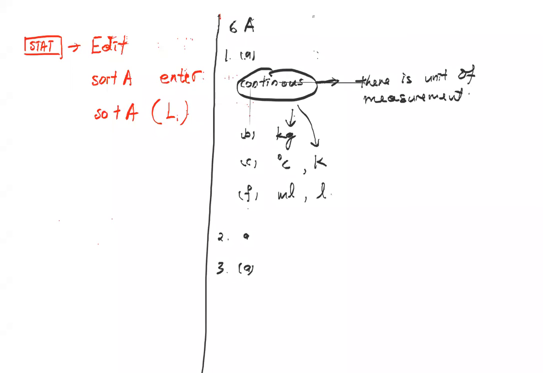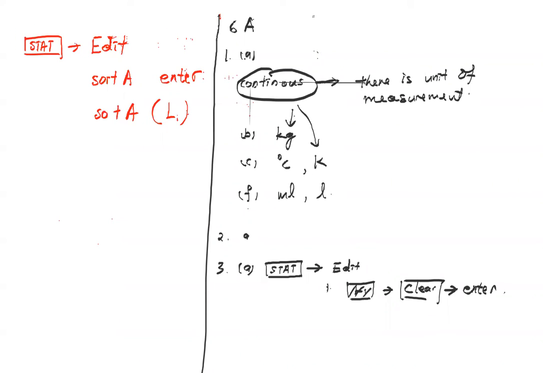When I say clear your L1, that means you press the button stat, select edit, go to L1, cursor at L1, then press clear. So everything will be gone. Then press enter.